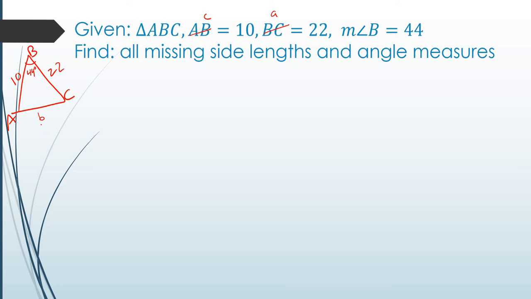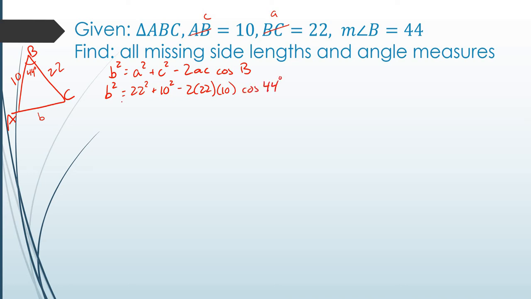So since I want to find side b, I'm going to use the law of cosines that starts with b squared. So b squared equals a squared plus c squared minus 2ac times the cosine of B. So for b squared, I'm going to put in my a, which is 22, my c, plug in my a and my c again, and use the cosine of B, which was 44 degrees.